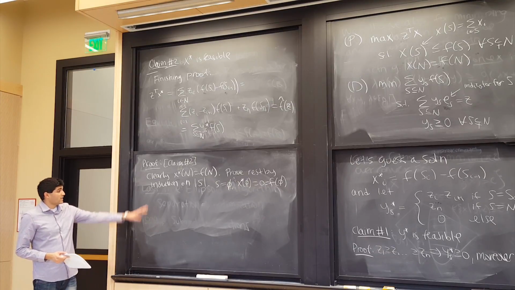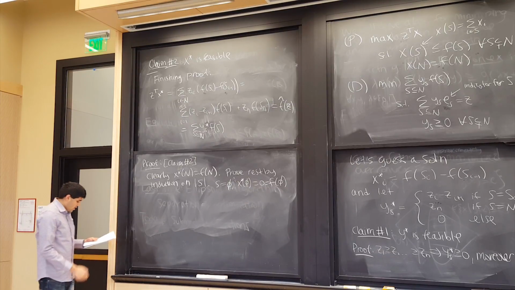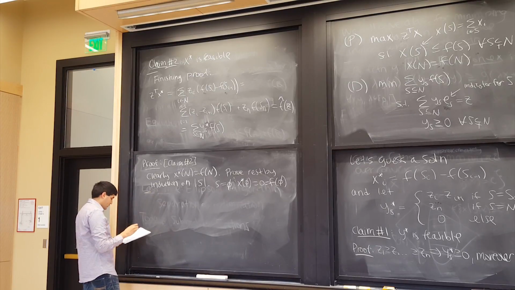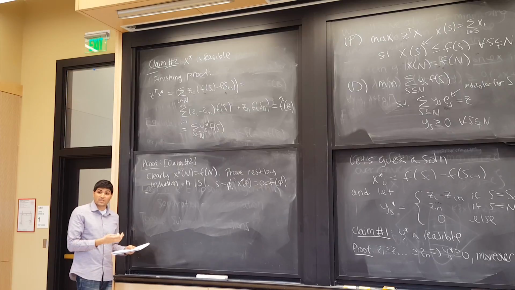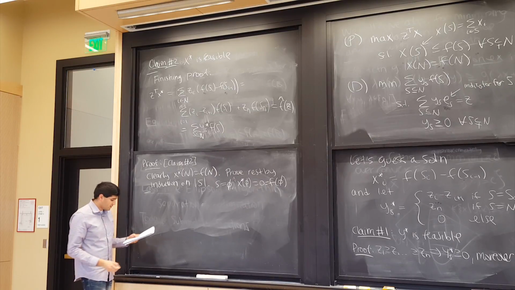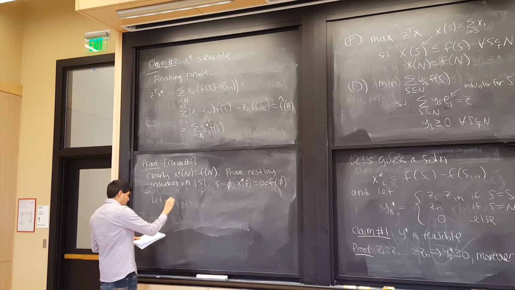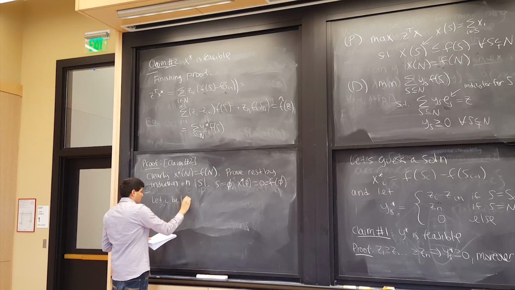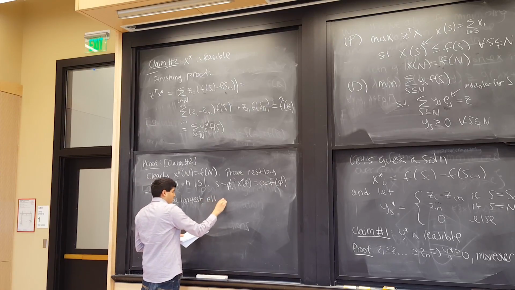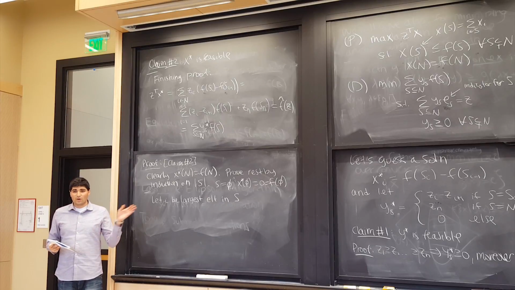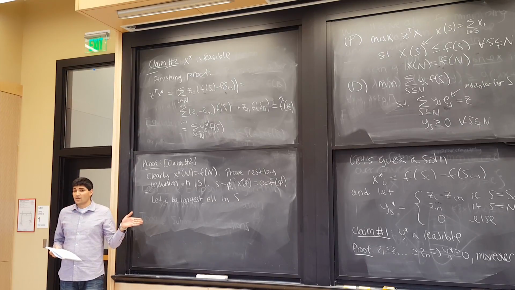Let's prove the rest by induction on S. We're going to start off with some set S, which we haven't proven this claim up to that size. And I'm going to let i be the largest element in S. We have these easy sets, which are the prefixes, S_i as the first i elements.